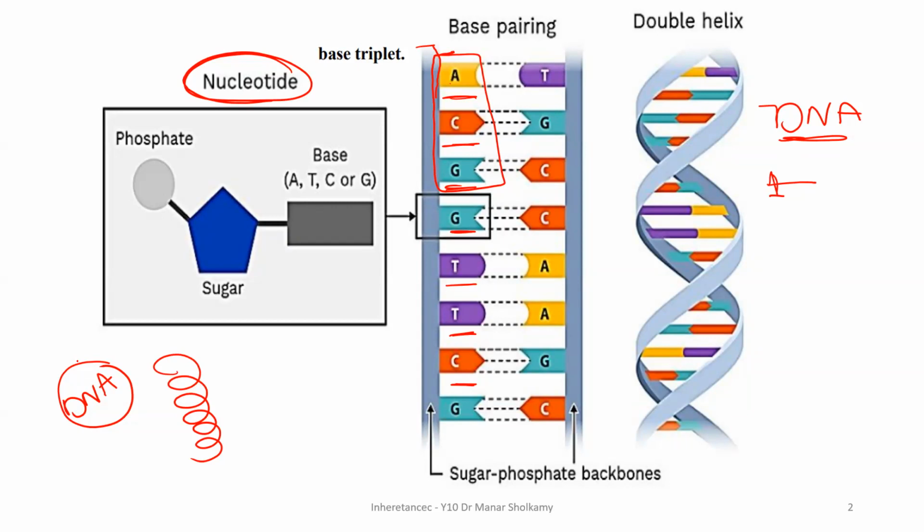Then what is the composition of the DNA? Nucleotides in a certain sequence. And this sequence or this order will be translated into different proteins. And we don't have the same order of bases. That is why we are all different. Remember in classification, when they used to study organisms of the same species, they used to find that they are different according to the order of bases.